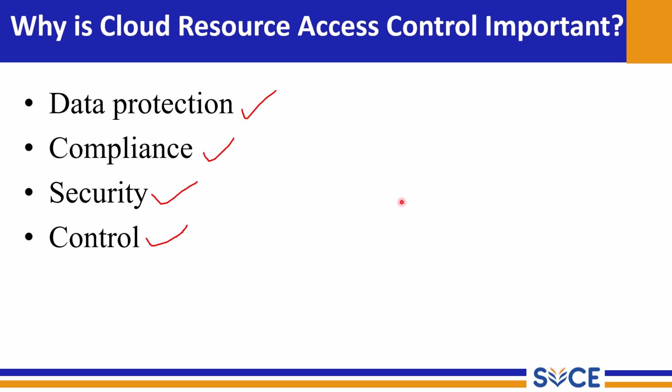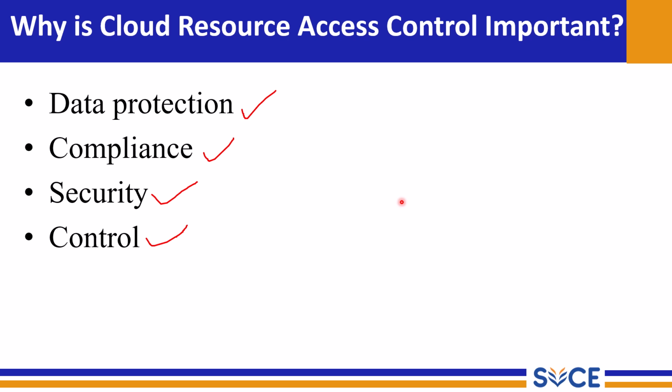And the dev team needs access to only their environments. Giving every developer admin access can lead to accidental or malicious changes across the environments. So by means of RBAC, developers can access only staging, while admins have production access.